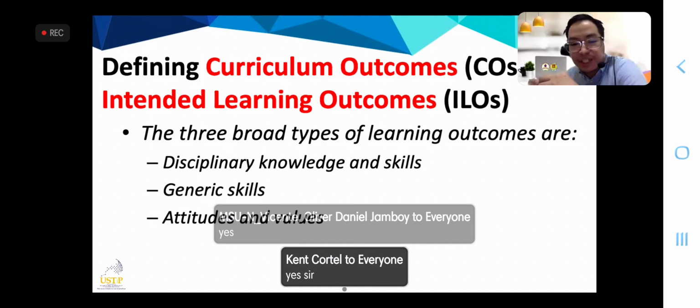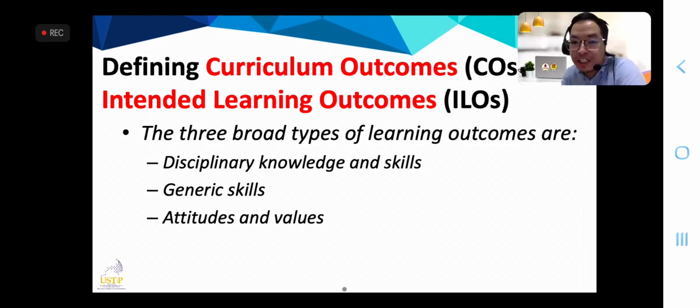These are knowledge and skills specific to a certain discipline, like ecology or biology. So what are the specific knowledge and skills you want your students to demonstrate? The generic skills like writing and reading, we're not so much interested in, because we believe that it's already assumed, and attitudes and values also are already assumed.